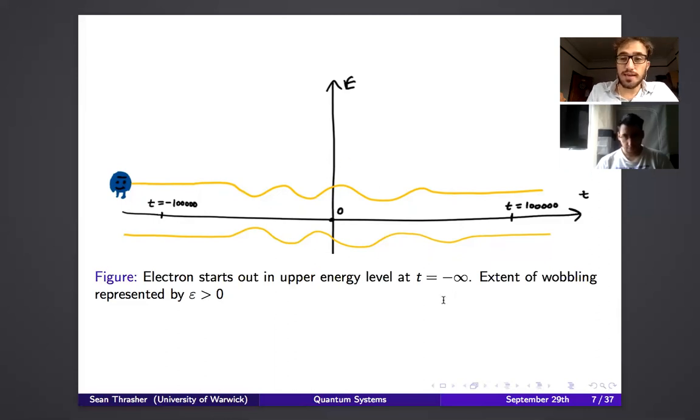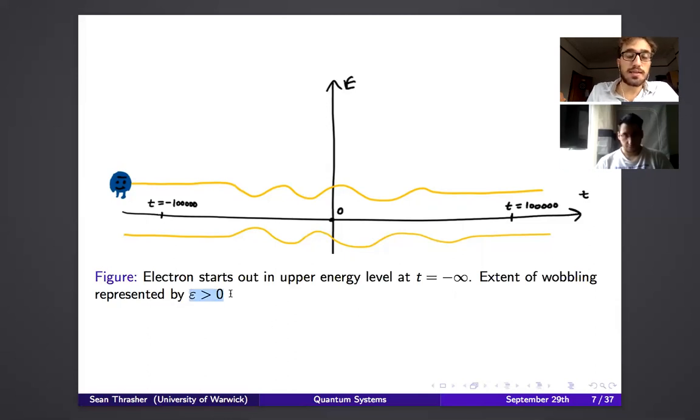However, this is not the case if you make your energy levels change in time. So in our experiment, at around t equals 0, the middle of our experiment, say we make our energy levels wobble around a little bit, and then the wobbling dies down. Then there's going to be a small but non-zero probability that the electron will jump to this lower energy level right here.